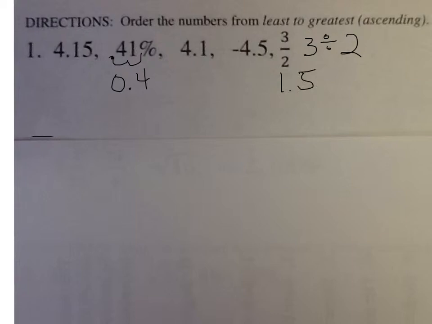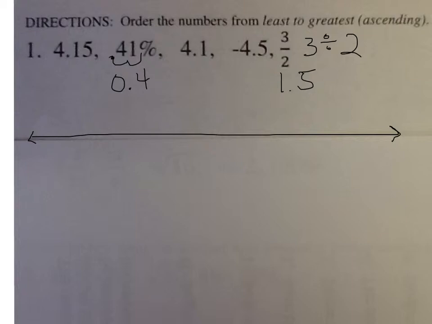So now the easiest way to put numbers in order from least to greatest is to use a number line. It looks like the largest number I have is about 4.15, and the smallest number I have is negative 4.5. So that's what I'm going to make my range.